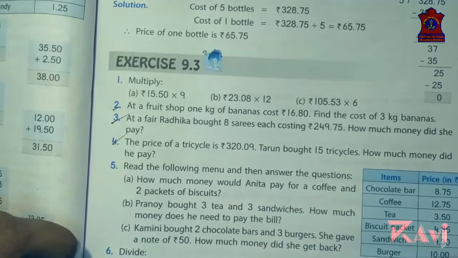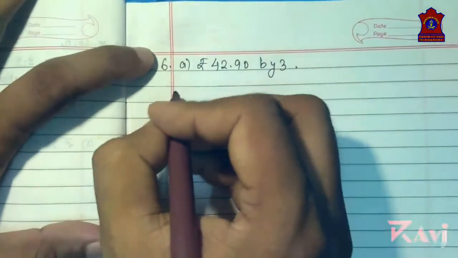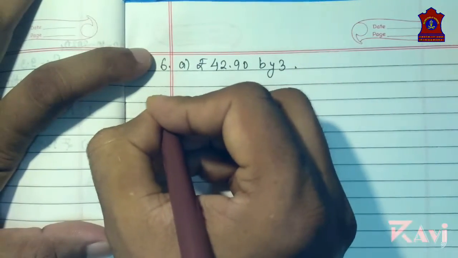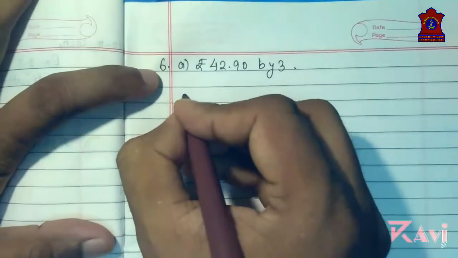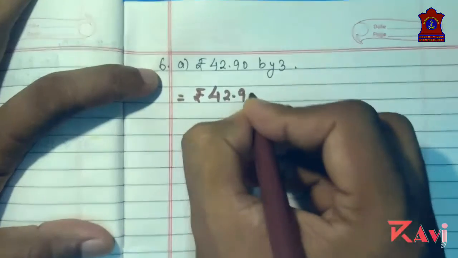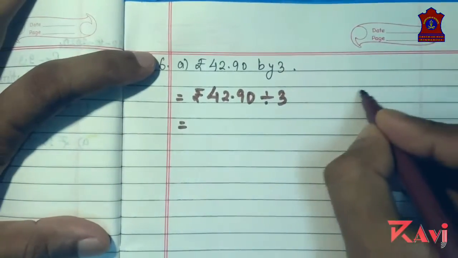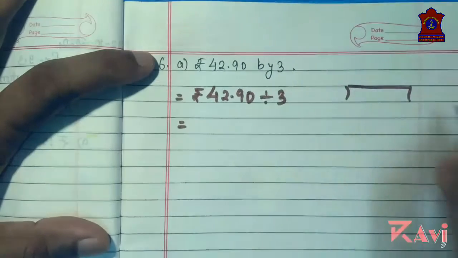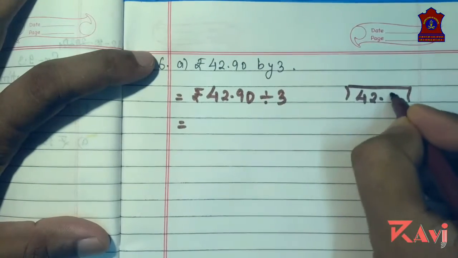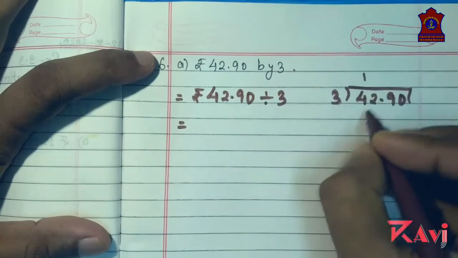Rupees 42.90 by 3. Okay. See, we know how to divide. You have already done this kind of division in the decimal chapter. So you can write simply rupees 42.90 divided by 3, like this you will be writing, and here the answer. Okay, let's do the division in this part. 3 ones are 3.